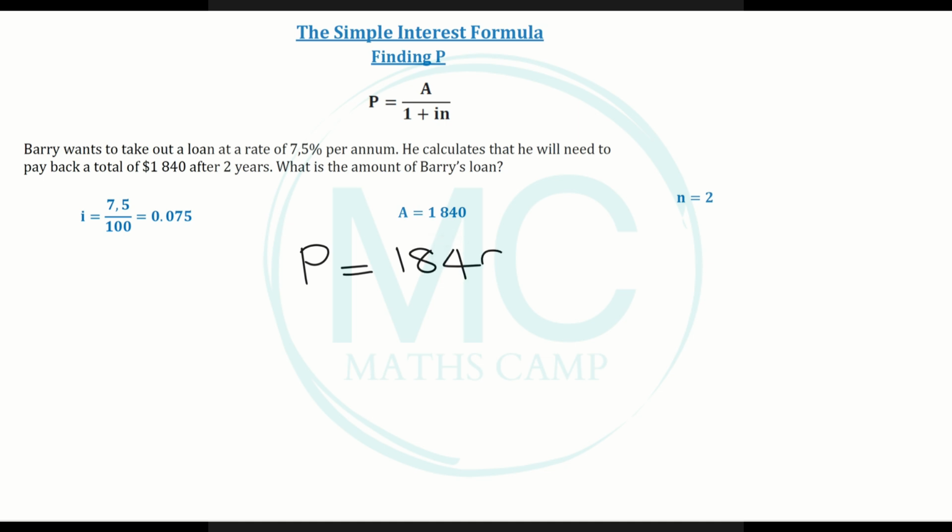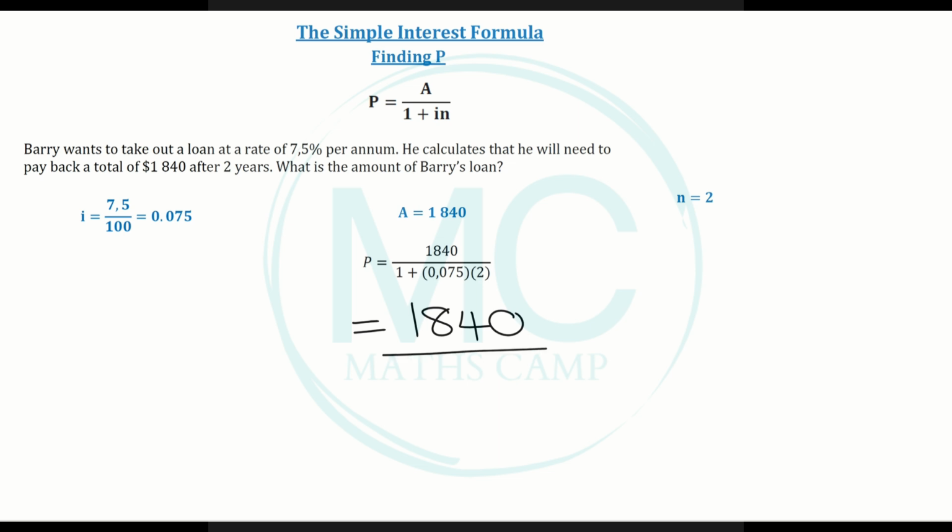So we say P is equal to A, 1,840, over 1 plus the value of I, 0,075, multiplied by the value of N, which is 2. Now in our numerator, we still have 1,840 over, in our denominator, let's start by multiplying 0,075 and 2, and we get 0,15.